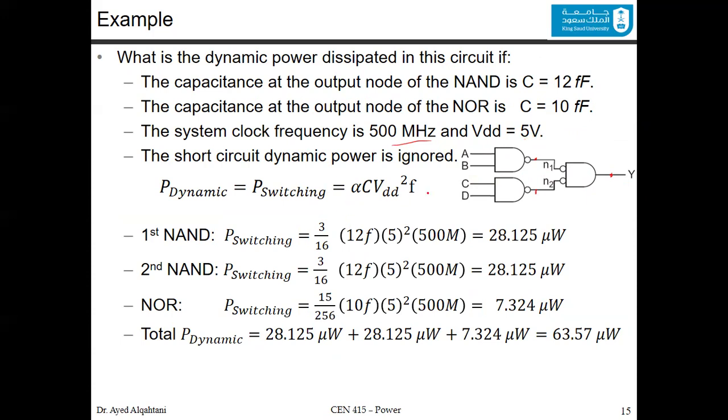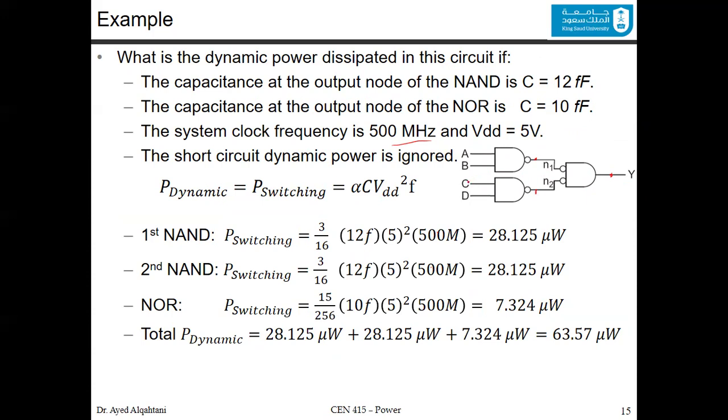We apply the equation: because we ignored the short circuit power, the dynamic power is the same as the switching power, which is alpha C V squared times F. F is 500.